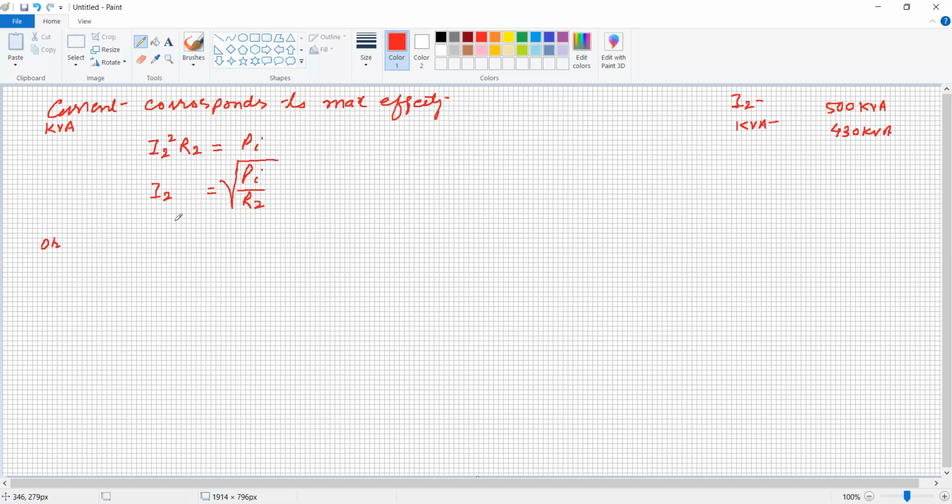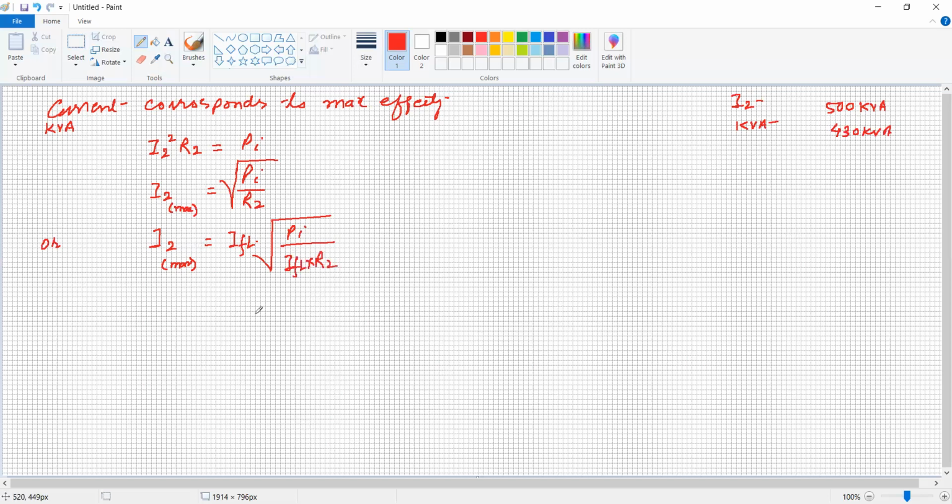Okay, so now we can write this equation as I2, the current at which the maximum efficiency occurs. It is not a current maximum, but a current corresponding to the maximum efficiency. We can write it as I full load, current full load, into under root Pi divided by I full load square multiplied by R2.